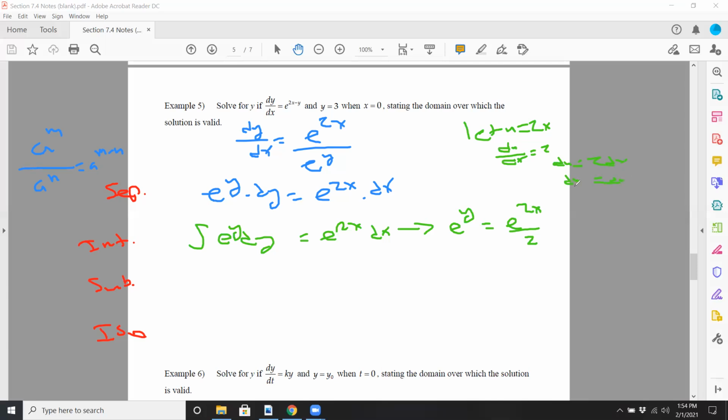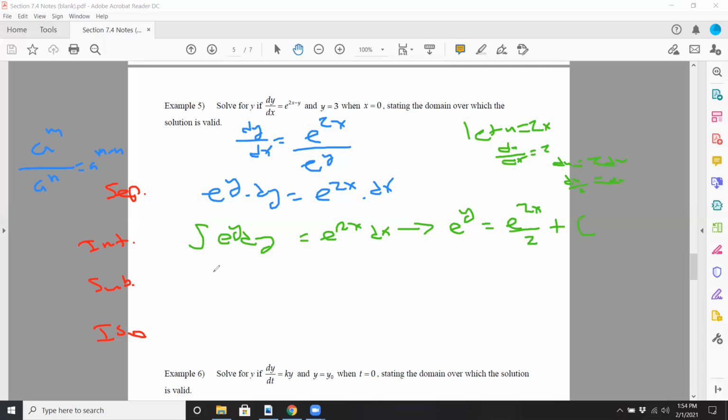But instead of going through all that trouble, whenever you have a linear term, like as an exponent, you could just do the antiderivative like you usually would, but then just divide by the coefficient of x. Because if you take the derivative of e to the 2x over 2, you get e to the 2x. And of course plus c.